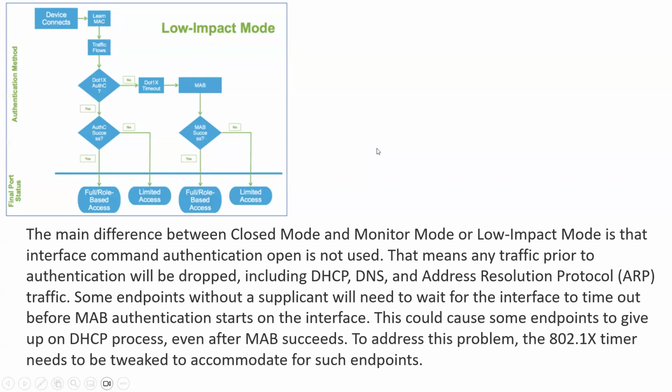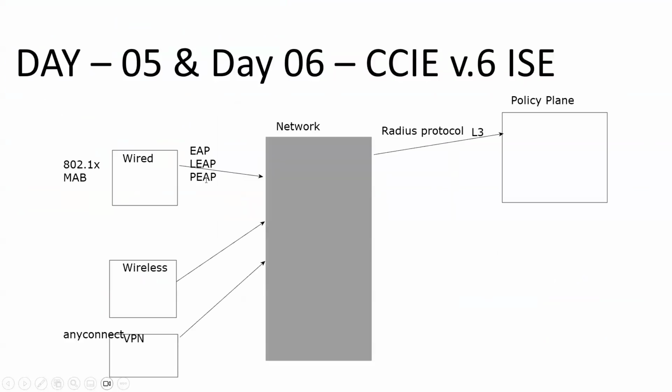It's straightforward. Your authentication method is either MAB or 802.1x, right? So first of all, the system is trying .1x. If .1x fails, then it will check the MAC-based authentication.